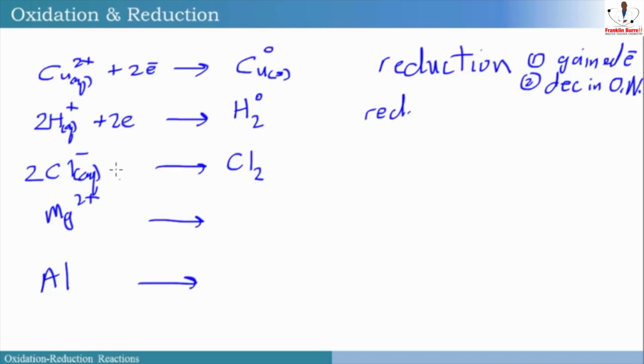Well, remember that this 2 minus is saying that we have 2 more electrons than protons. Do you realize that we don't really lose and gain protons? We only lose and gain electrons. So if I have less electrons than protons, we gain electrons. If I have more electrons than protons, we lose electrons.